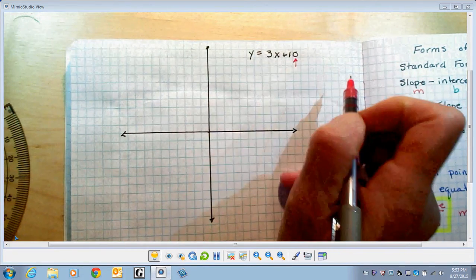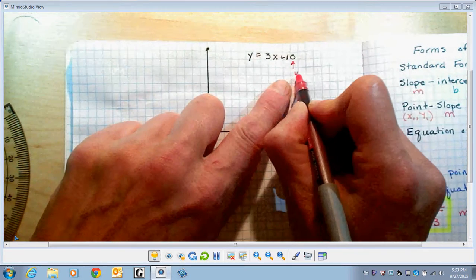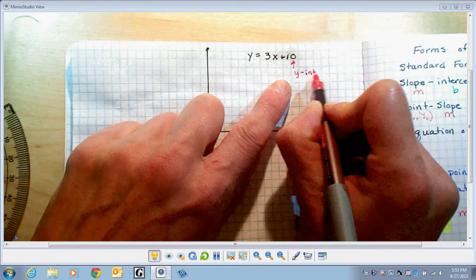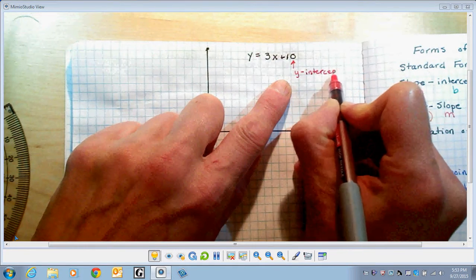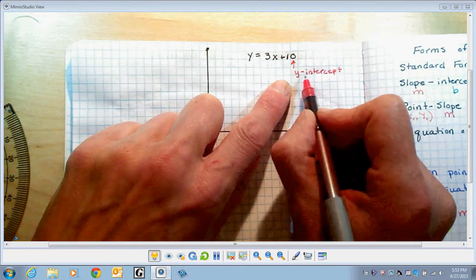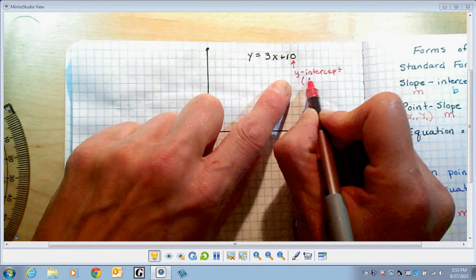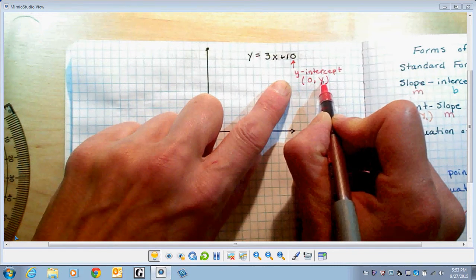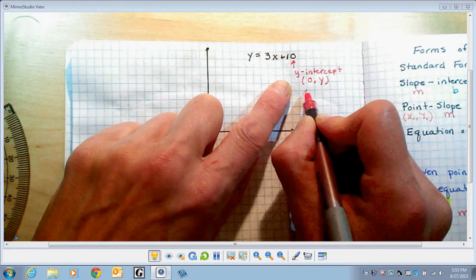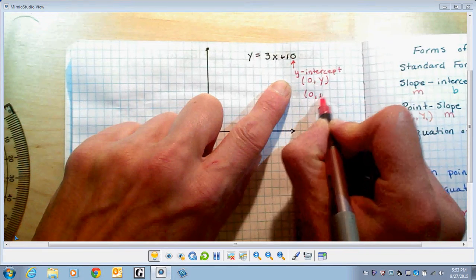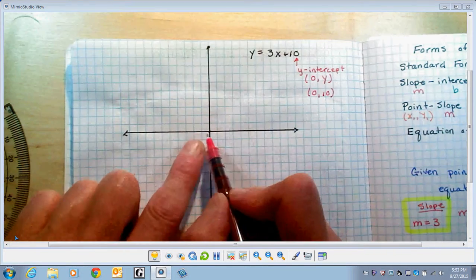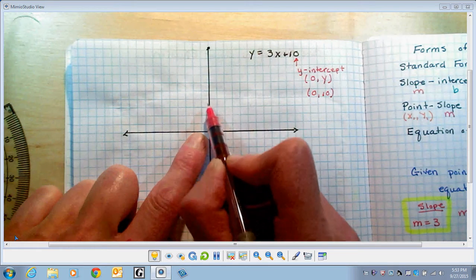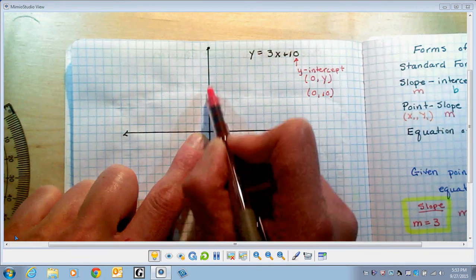So when I'm graphing, where I want to start is I want to start here. That's my y-intercept. So remember, when I'm talking about y-intercept, I have 0 for x because I'm looking for y. So that means my y-intercept is 0, 10. So x is 0 here, everywhere, up until I need to go up to where y is 10.